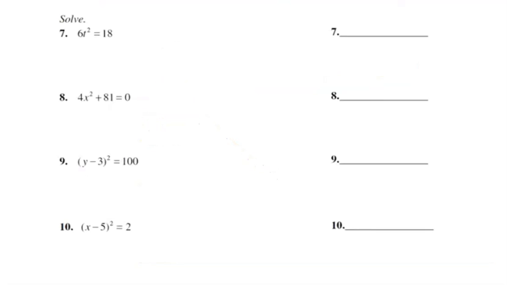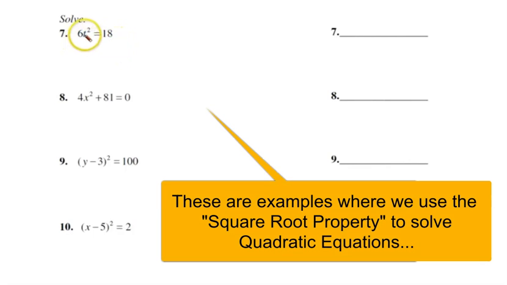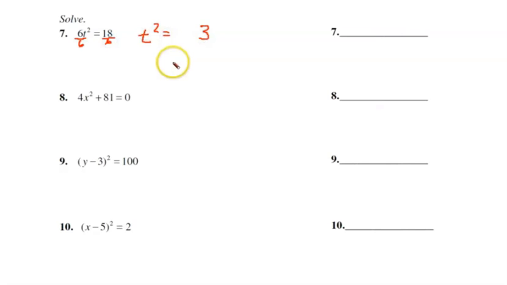Now, whether you had the class or not, at this time we're going to introduce the principle of square roots. That is, we want to find out what t squared when it's just t is. So the first thing we're going to do is divide both sides by 6. This gives us t squared equals 3.